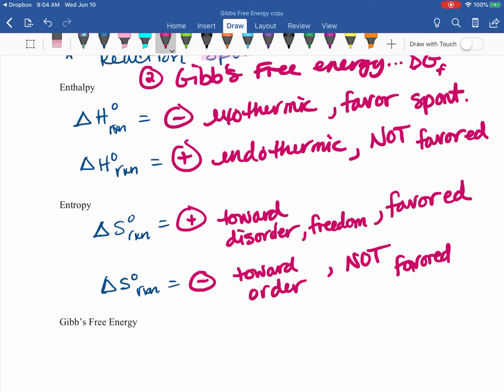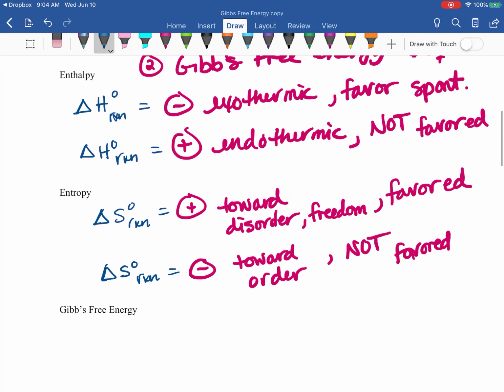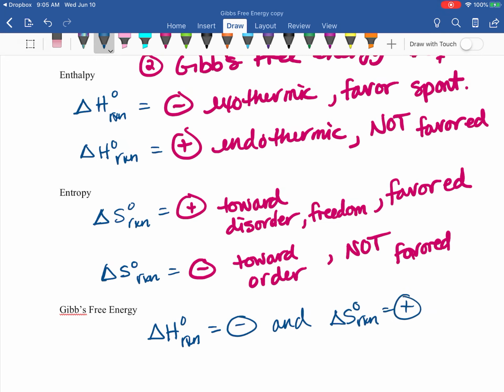Okay, so let's say a couple things. All right, first of all, what if you go ahead and you calculate a reaction, which you know we're about to do. So how do you put all of this together and you figure out if something is spontaneous? Well, what if your delta H, what if your change in enthalpy is exothermic and your change in entropy is positive?